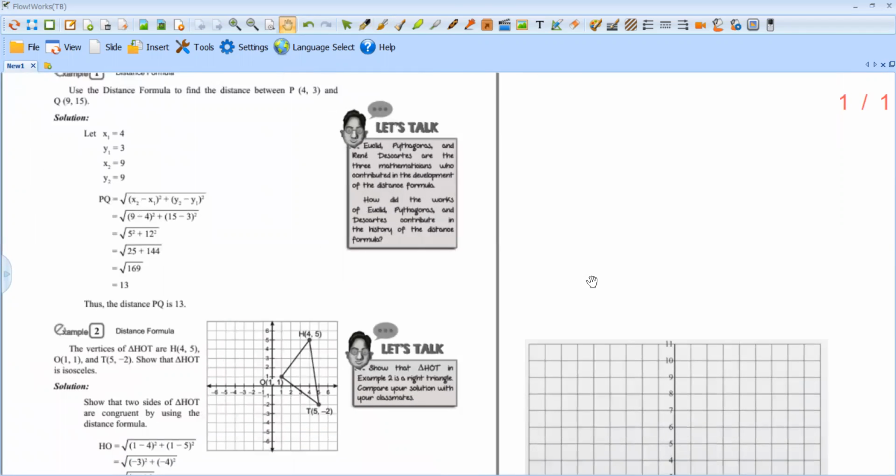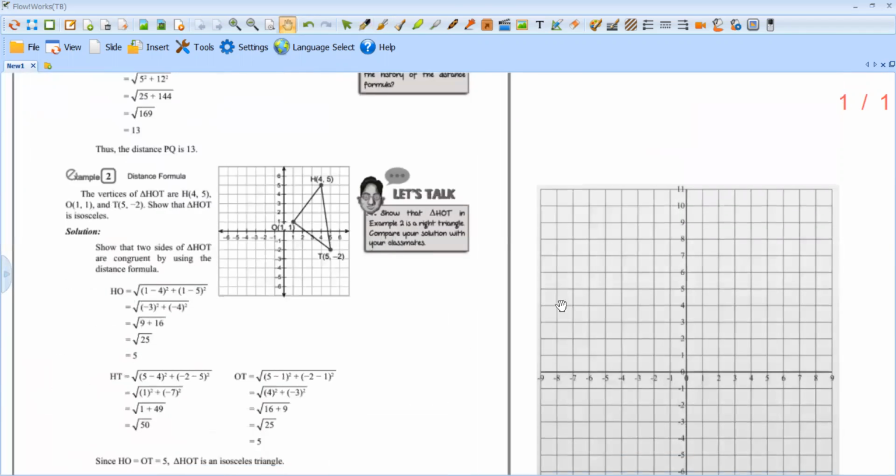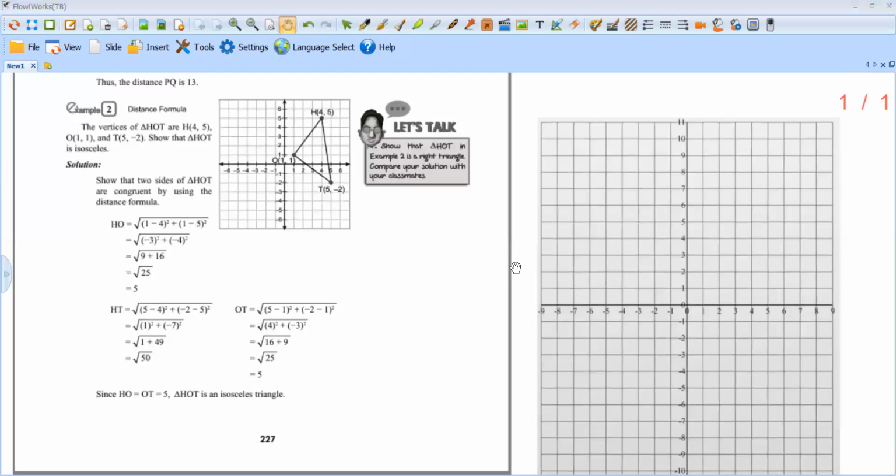What about when you are looking for the vertices given? Example 2, the vertices given: H is 4, 5, O is 1, 1, T is 5, -2. Show that it is an isosceles triangle. What do we mean by an isosceles triangle? So in an isosceles triangle, 2 sides of the triangle are equal.